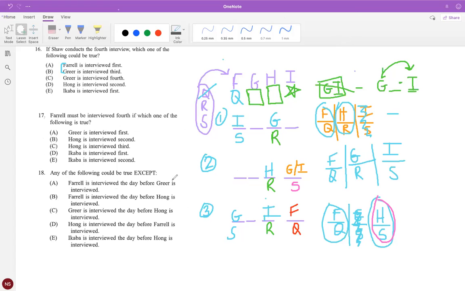So on must be true questions, it's really important that you look at all worlds it potentially could happen in. So obviously it can't happen in 2, right? Mm-hmm. But it could happen in 1 potentially. Yeah. So if F and Q go here, what do we know in world 1?